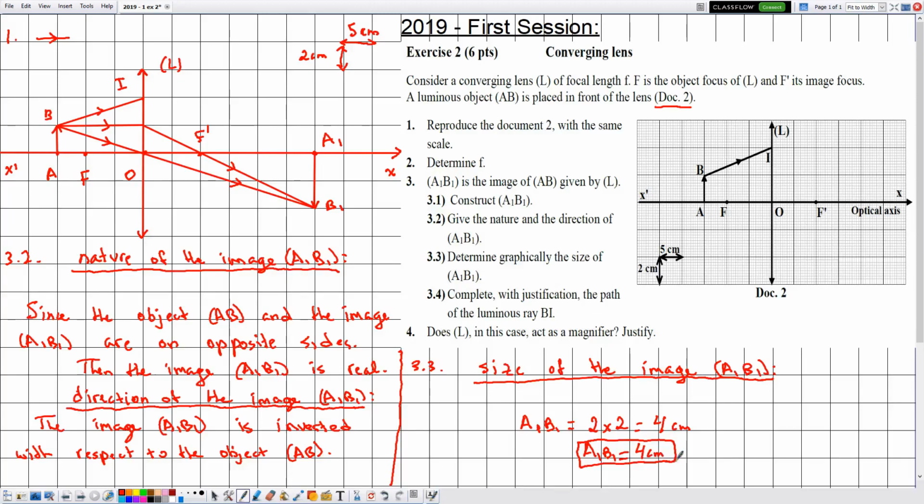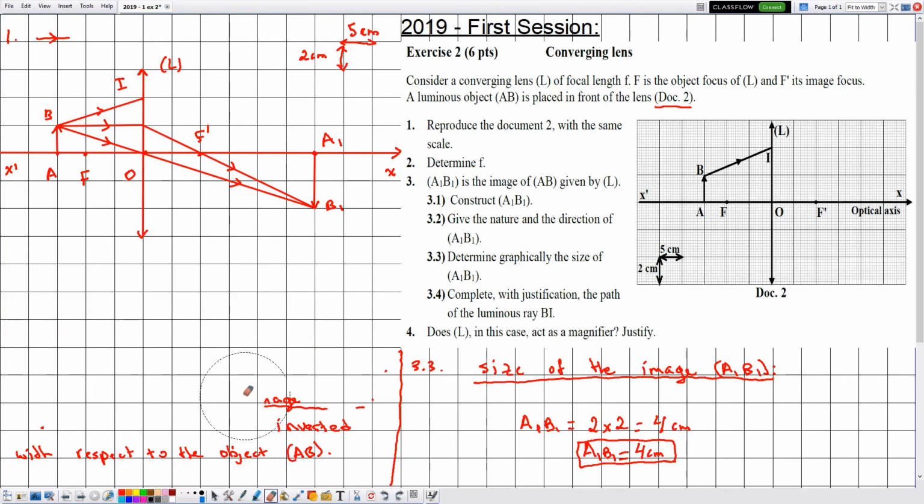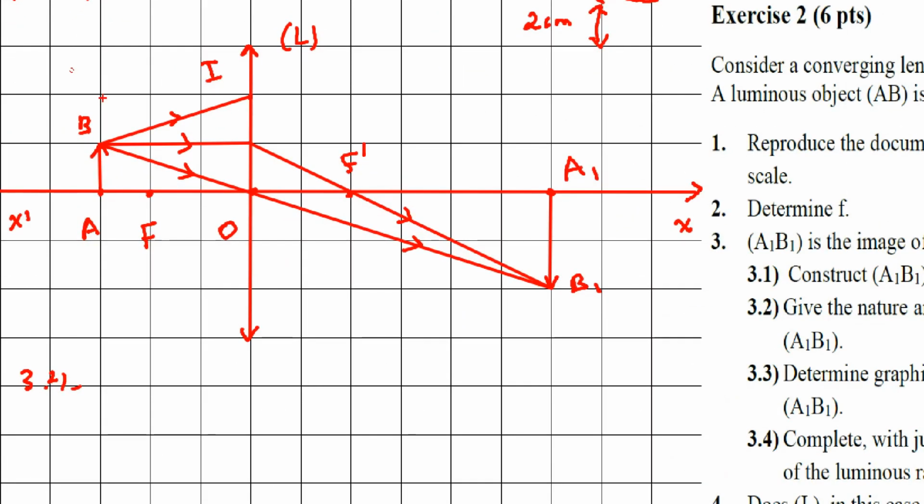Now in 3.4 they are telling me to complete with the justification the path of the luminous ray BI.